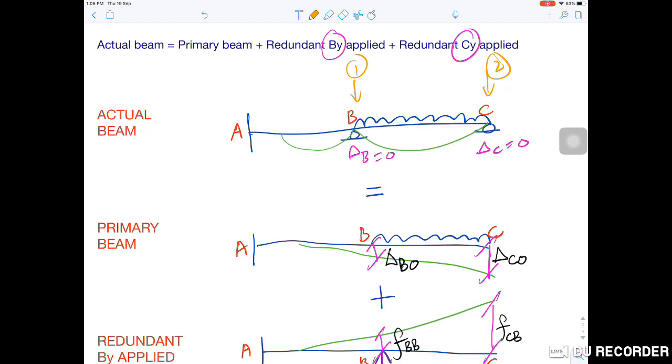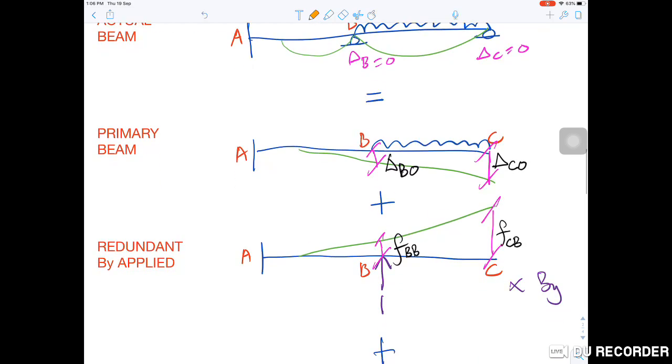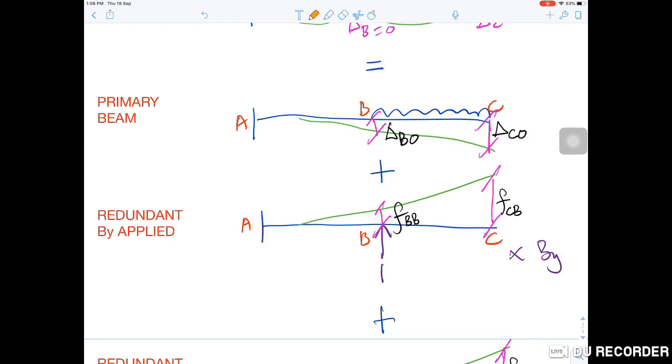Remember that in the actual beam, in actual condition, at B and C there is a roller support. So delta at B and delta at C is equivalent to 0. The primary beam is a determinate beam after removing the redundants from the system.